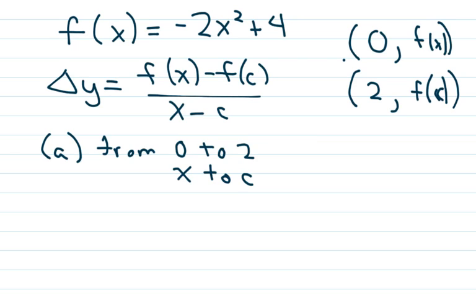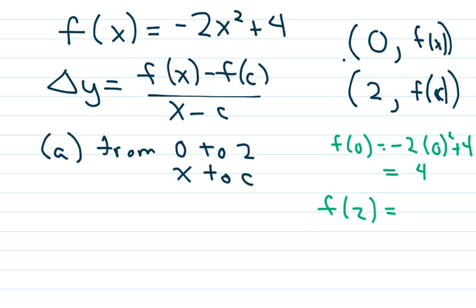So when x is 0, f of 0 equals negative 2 times 0 squared plus 4, which equals 4. And f of 2 equals negative 2 times 2 squared plus 4, which is negative 8 plus 4, which is negative 4.